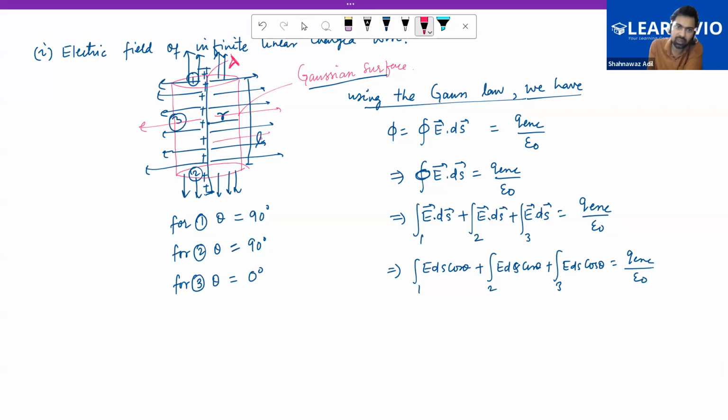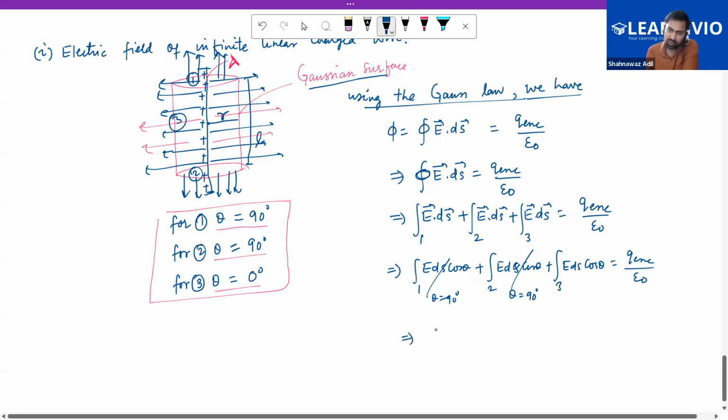So now you see the importance of this cylindrical surface: either theta is 90 or it is 0. That is the use of this Gaussian surface, that is why these are very important. Cos 90 is 0, so the first two terms are 0, and we have only the third one, which is E ds.